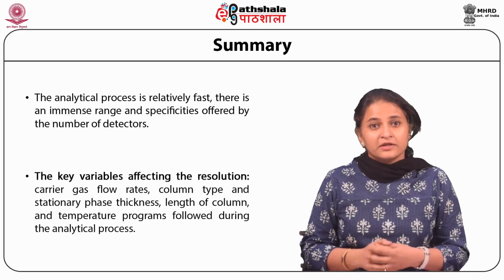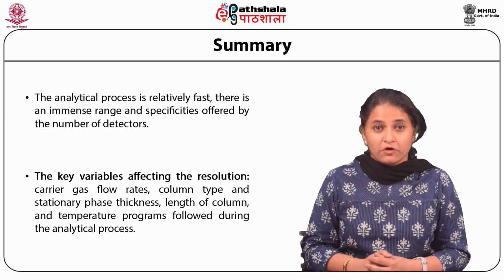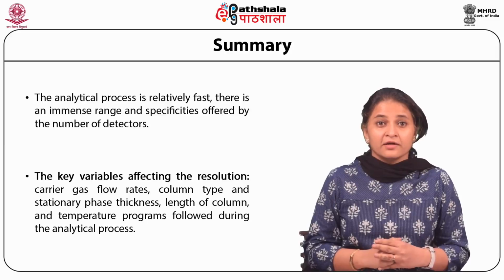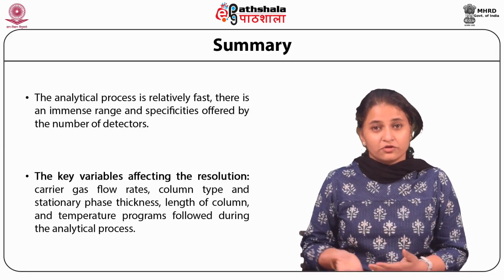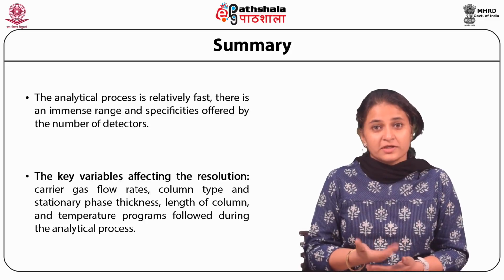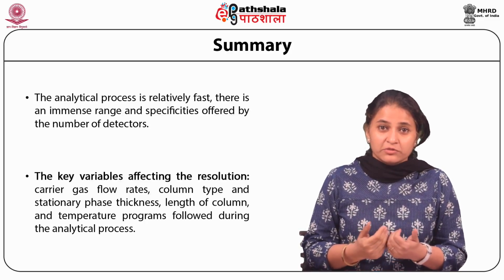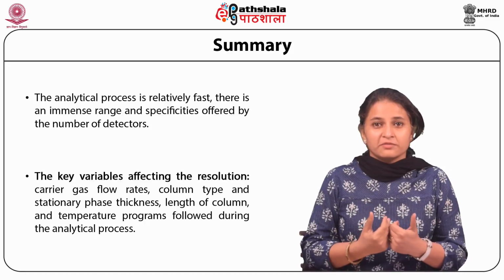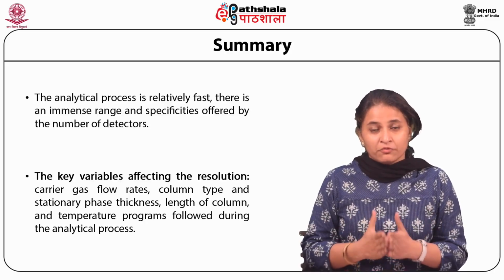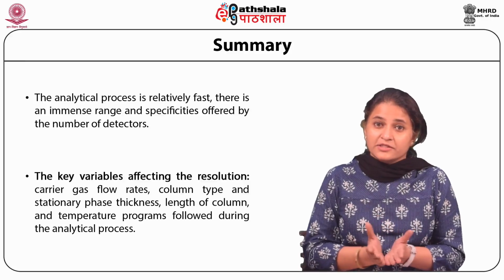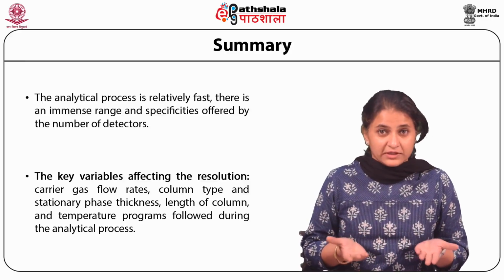Now, the other key thing to remember from this is that there are different variables that affect the resolution of the chromatographic process, which is the ultimate goal. That is, to be able to separate compounds that may be similar but can still be separated well enough for them to be analyzed both qualitatively and quantitatively.